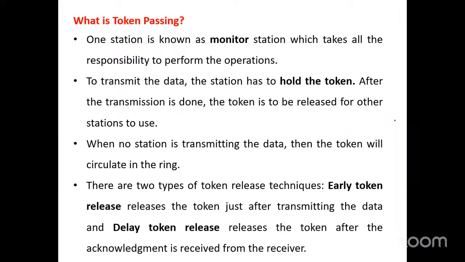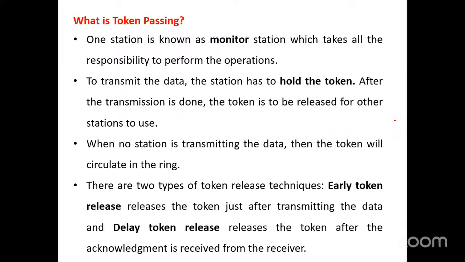There are two types of token release techniques. Early token release releases the token just after transmitting the data. Very simple. So in token passing, the station which has the token is the only one that can send the data, point one. Then when the token is released, we have two types of release. Early token release: whenever a station sends the data, immediately that station can release the token.